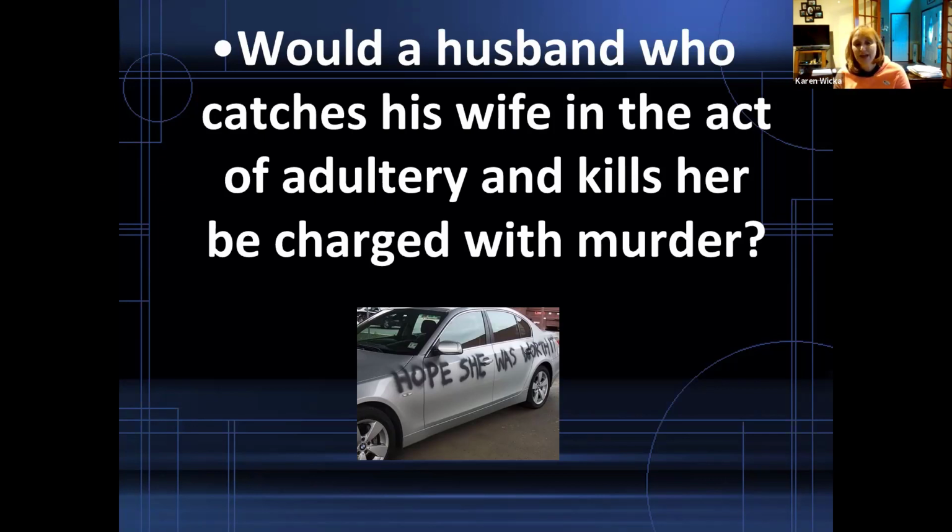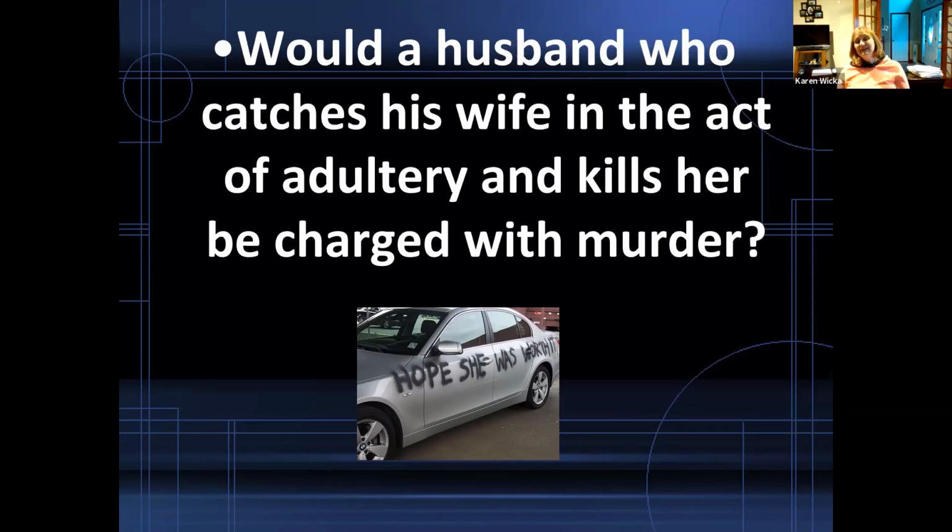Would a husband who catches his wife in the act of adultery and kills her be charged with murder? So we still have an intentional killing. So we have an intent, one person taking the life of another. So it could be either intentional, if you could show malice aforethought, or it could also possibly be knowing, depraved heart, depending on how the person was killed, right?